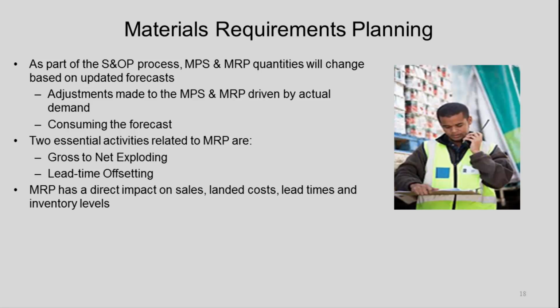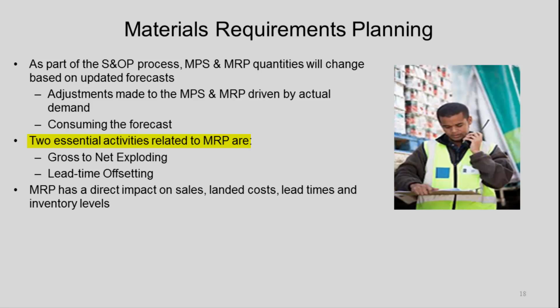How quickly we can get access to that information and apply it to forecast and consume the forecast. Maybe we didn't make enough, maybe we made too much of a given product. That's the essence of sales and operations planning, and it's very, very much influenced by materials planning.